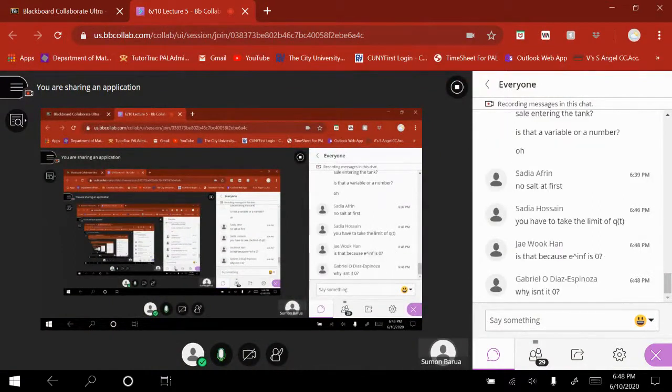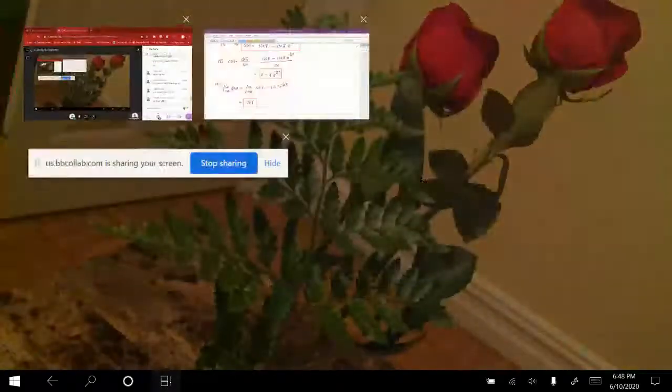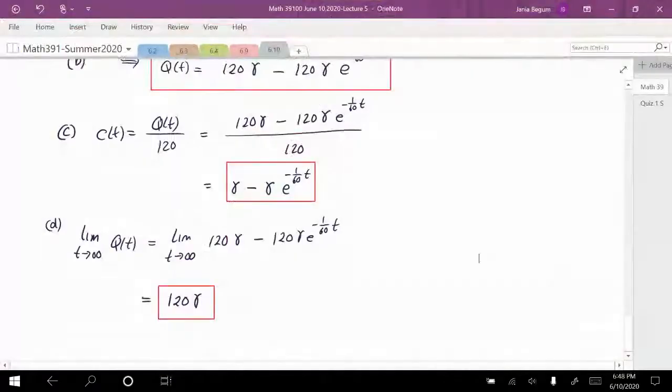So Jay, yes to your question. The exponential part goes to 0, right? So if this is going to 0, 0 times 120 gamma is 0. So the only term that this limit will settle to is 120 gamma because it doesn't have a variable t. So it's just a constant, right?